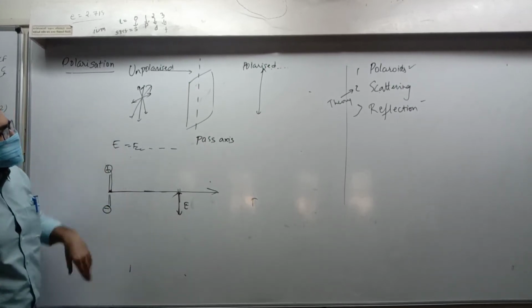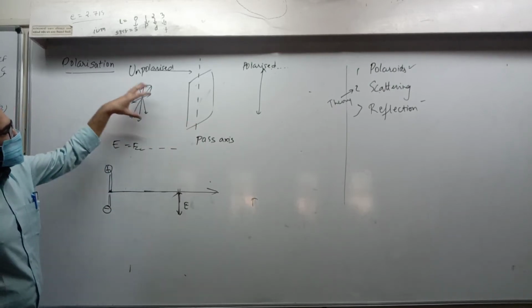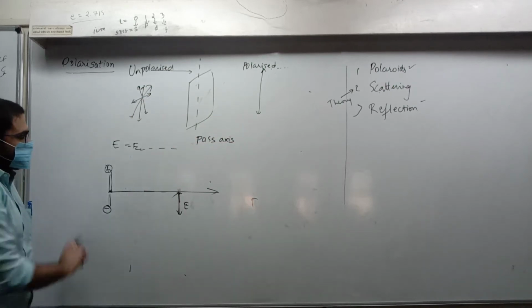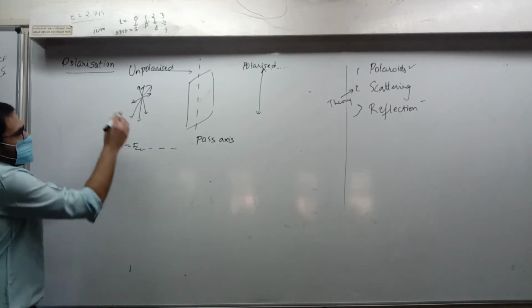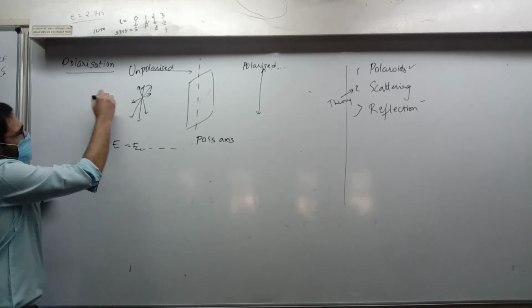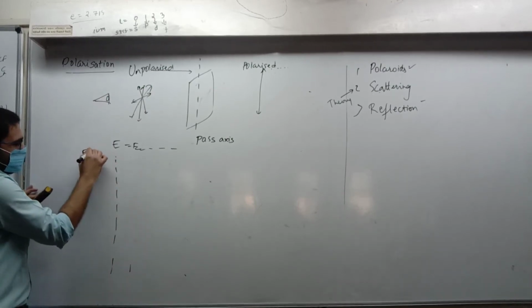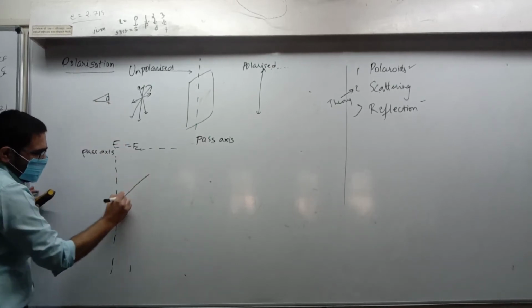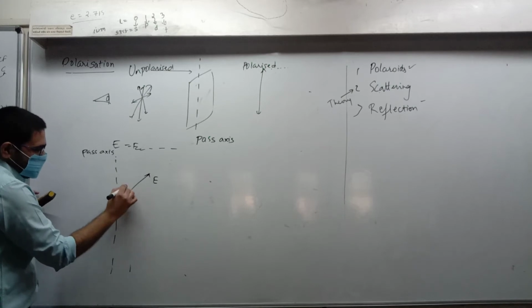Okay, so actually what happens is you get components. Whenever the electric field arrives over here, you get components. Let's say you are watching this from here, a pass axis. Suppose some electric field vector is like this, making an angle theta with this.